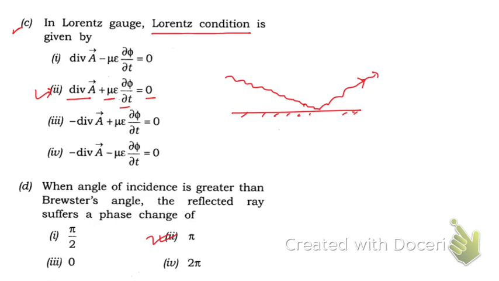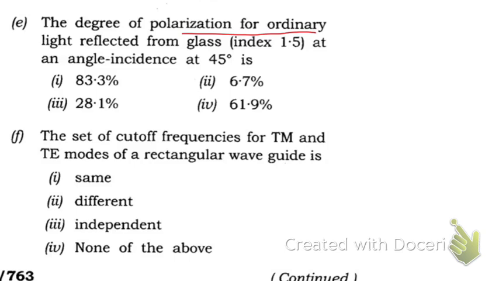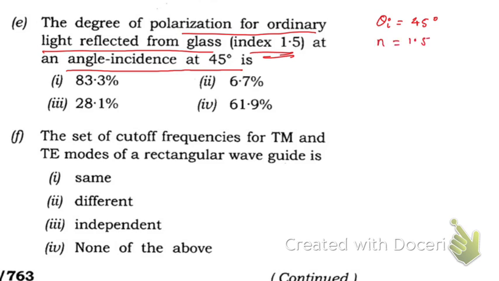Now you see, next question. The degree of polarization for ordinary light reflected from glass of refractive index 1.5 at an angle of incidence of 45 degrees. So what is going to be the degree of polarization? Now you see what we need to do here. The incident angle theta I is 45 degrees, and the refractive index is 1.5.